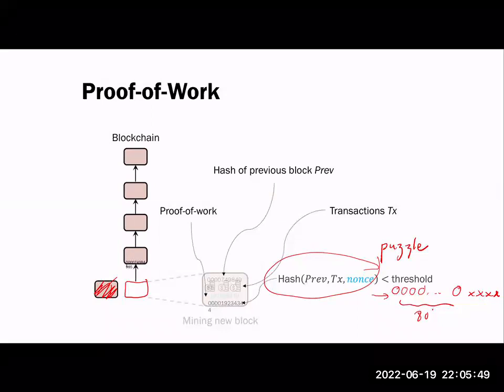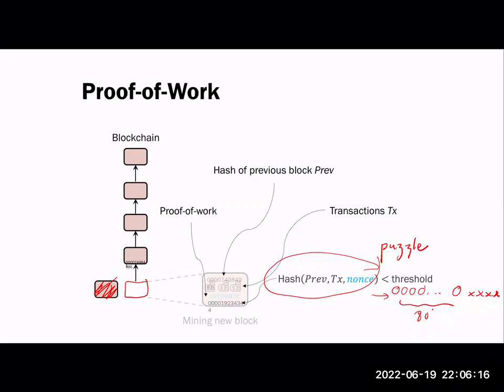So let's think about it. First, why waste all this computation? What's the point here? Well, a basic property of Bitcoin is that you want to be permissionless. That means anybody can join.